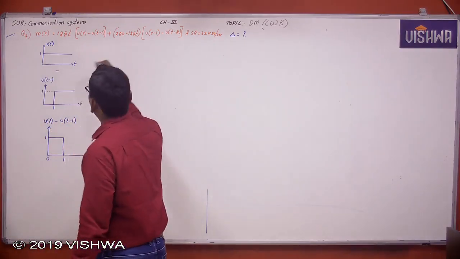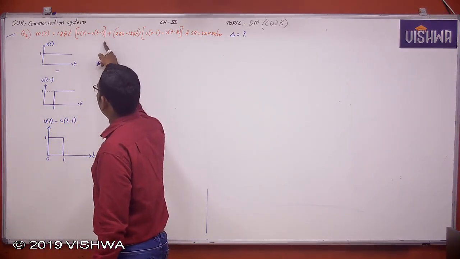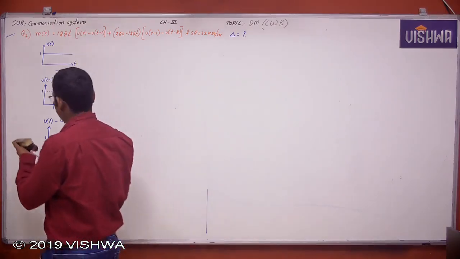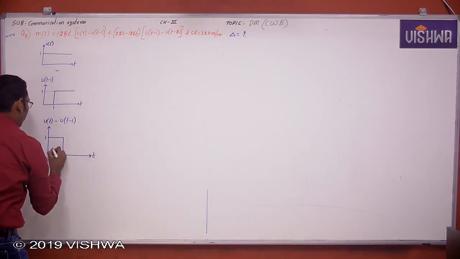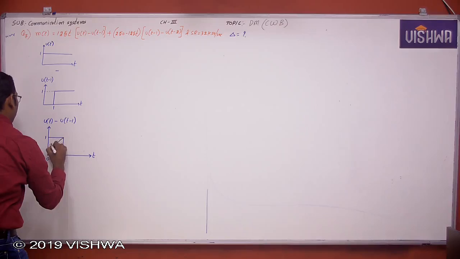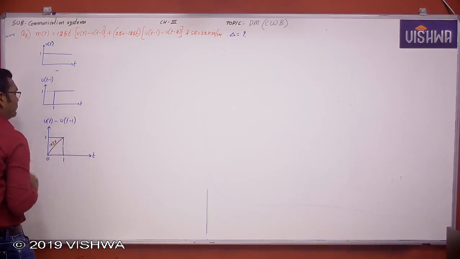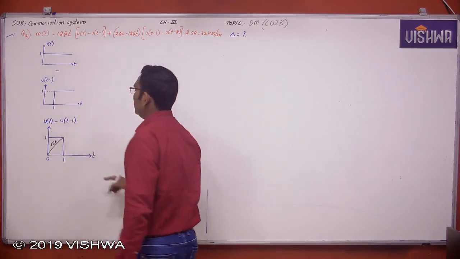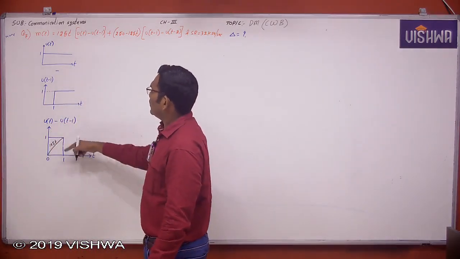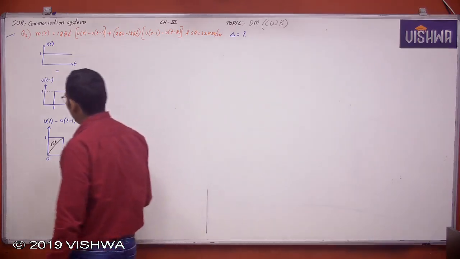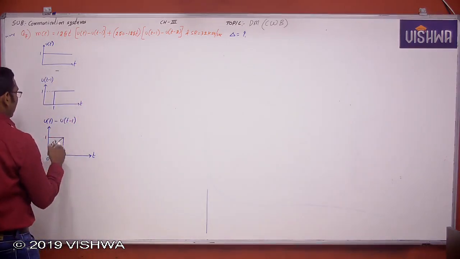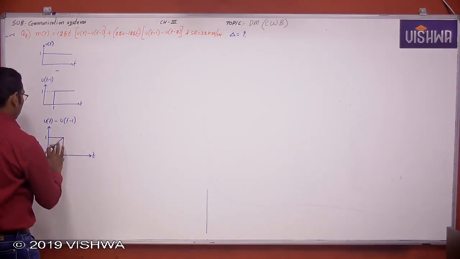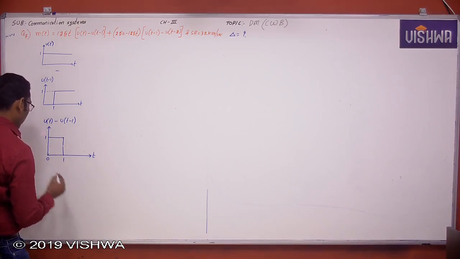Now this is u of t minus u of t minus 1 multiplied with 125 t. So this is a ramp signal with a slope of 125. The signal will look like this.